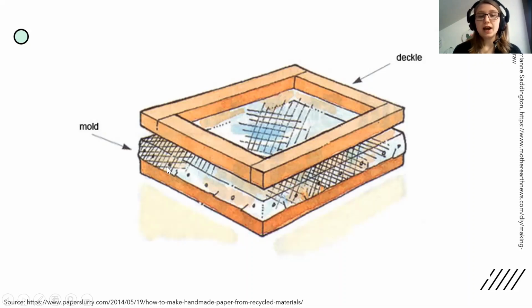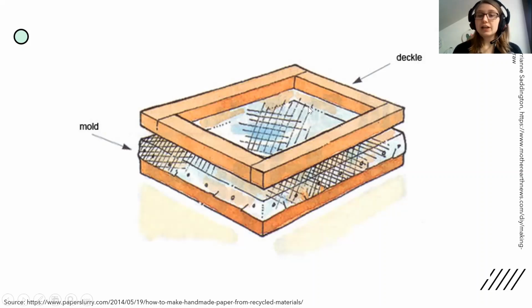So if you happen to have old window screen lying around, or if you can get some from the store, you can just staple the window mesh over the one on the bottom, and that's your mold. The mold is the one with the mesh on it. What that serves as is a platform to collect the pulp and then allow the water to seep through.